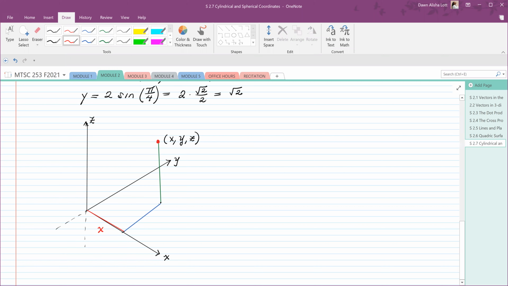Okay. But now I can also do the same thing I did before. That is, I can march from the x-axis to an angle.